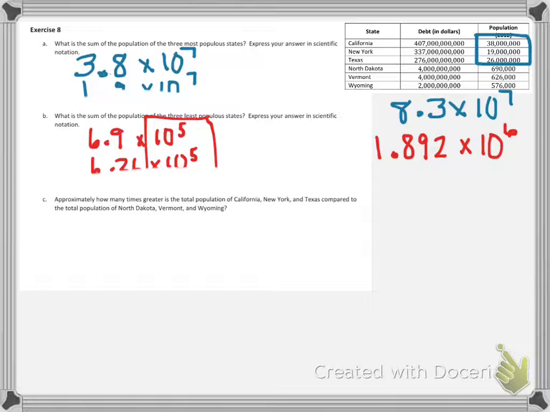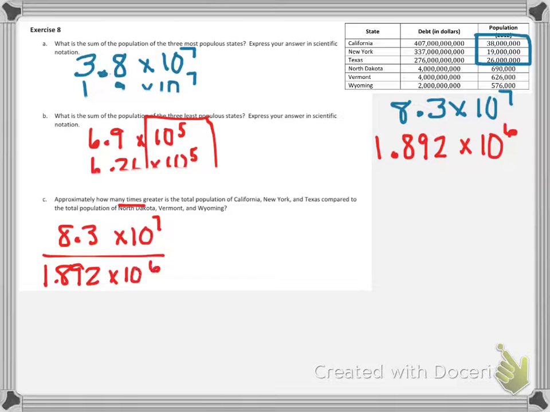So since it says how many times greater, I'm going to compare them with a ratio. So I want the biggest on top, so I'm going to take the 8.3 times 10 to the 7th over 1.892 times 10 to the 6th.